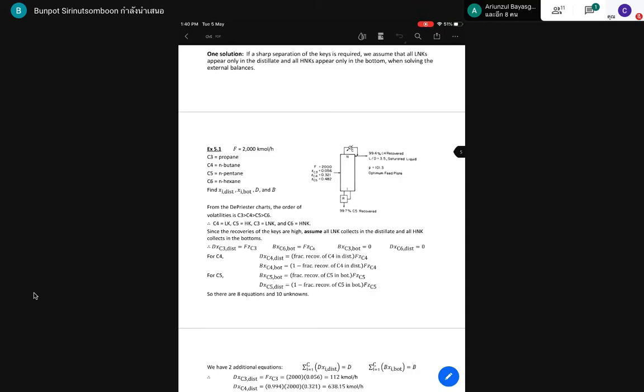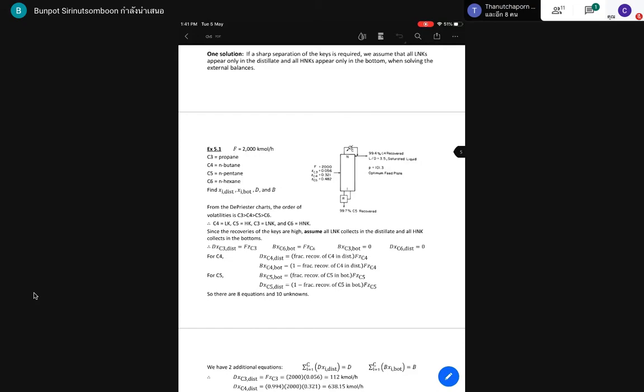That's the first step you should do. To do that, you have to rank their volatilities. The one that is easiest to evaporate, the lightest, will come out at the top, and the heavier ones will come out at the bottom.